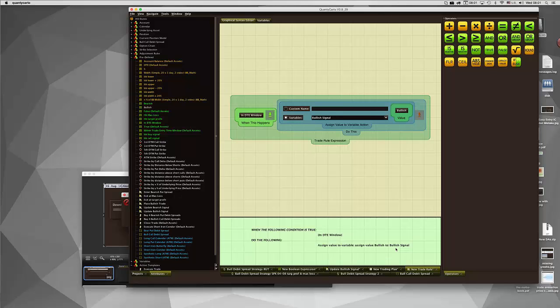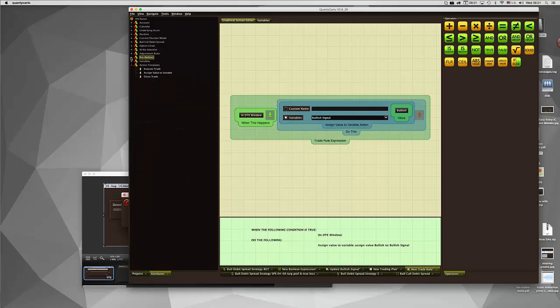Jay asked, can you specify an IV for a particular option? You can, I believe. Let's say you're looking for a particular option. What you need to do is specify the strike, right?